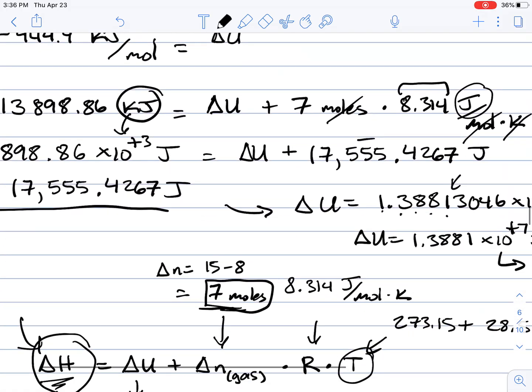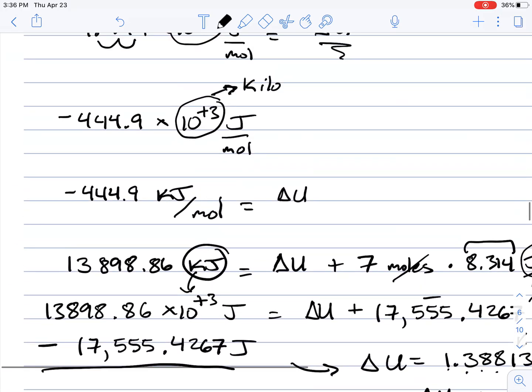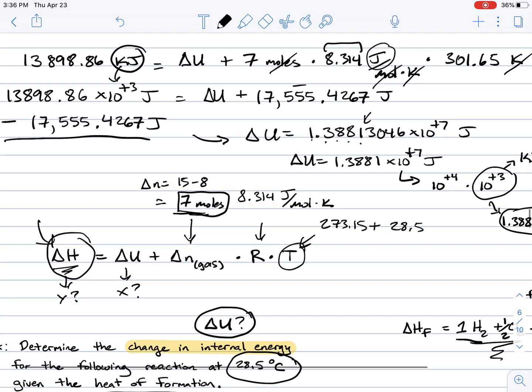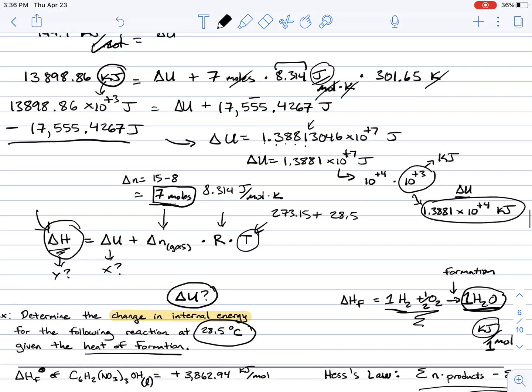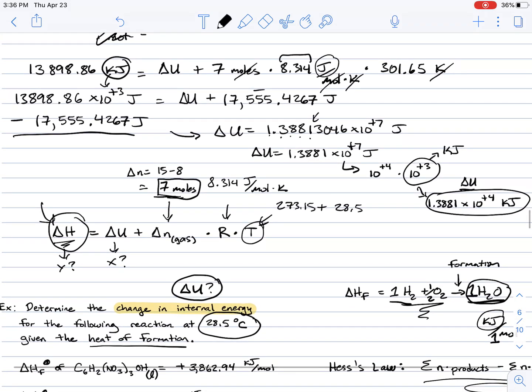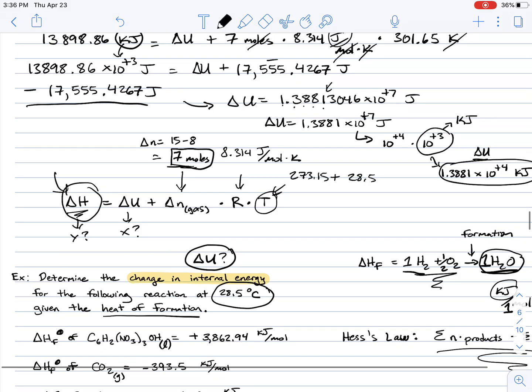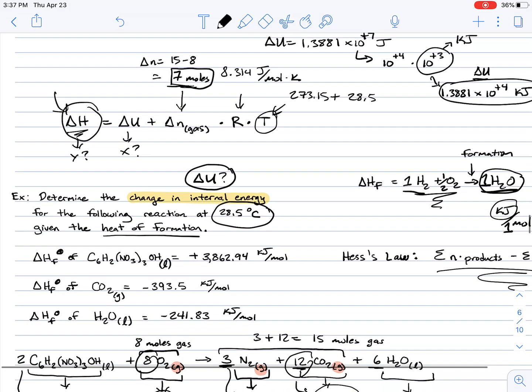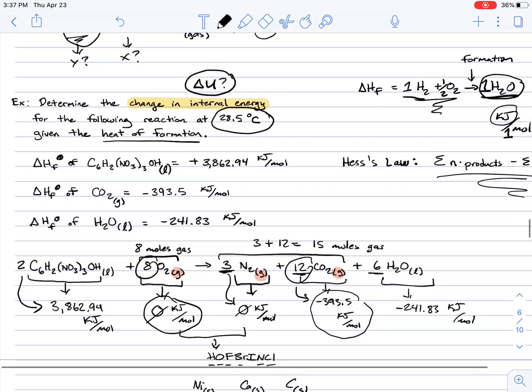And so here in this case, our answer should have been in terms of kilojoules. All right, so long story short, these are 2 examples of how you can utilize this formula to solve for a change in internal energy.